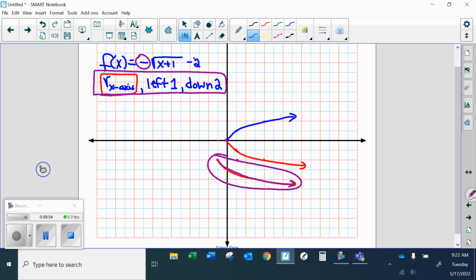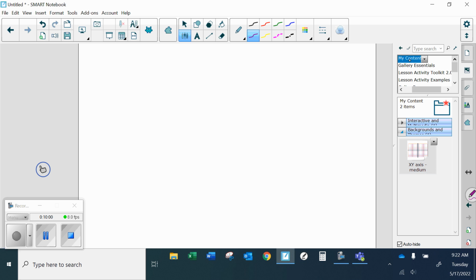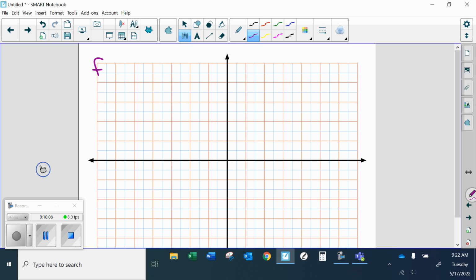Okay. The last type we're going to deal with here is if I put, let's say, 2 square root of x. I'm putting a number out front.